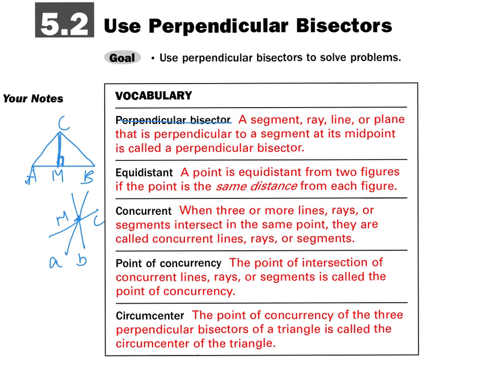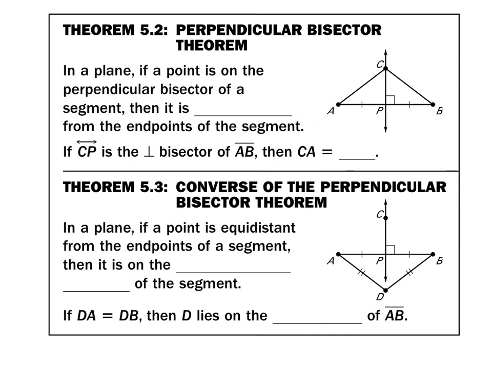And M is called the point of concurrency. So, like I said, the most important concept is perpendicular bisector. We'll work through the rest of them in the remainder of this video.